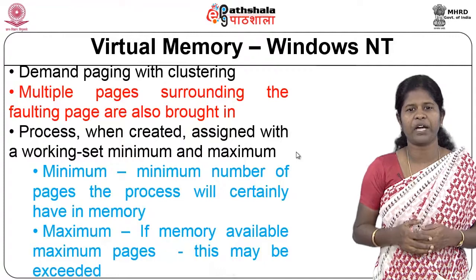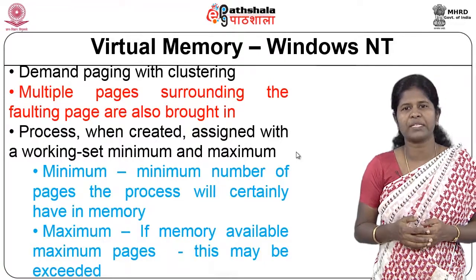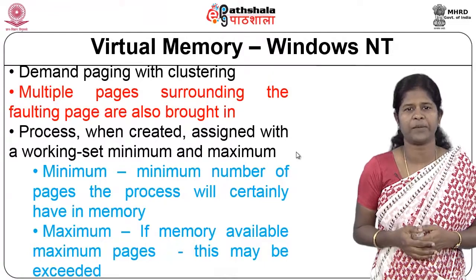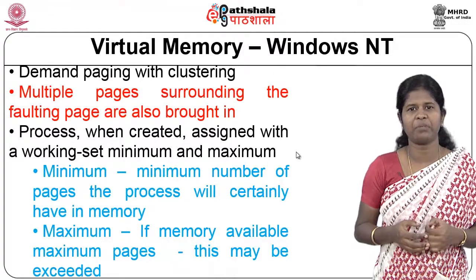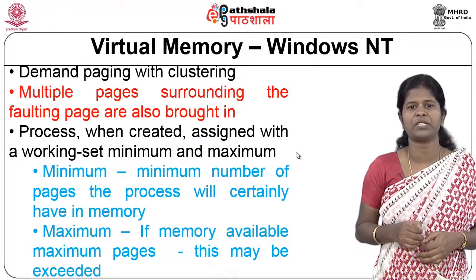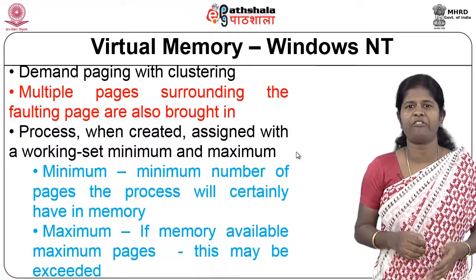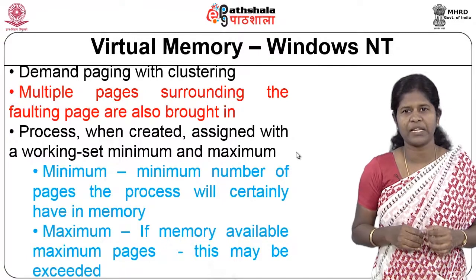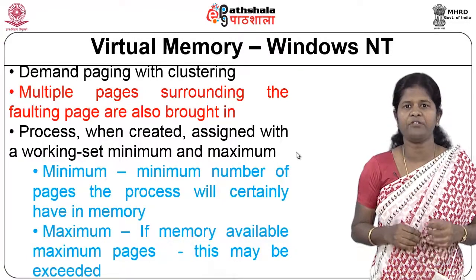Say the working set minimum is 10 and the working set maximum is 20. The working set minimum is the minimum number of pages the process will certainly have in memory, so that process will be assigned at least 10 physical frames.